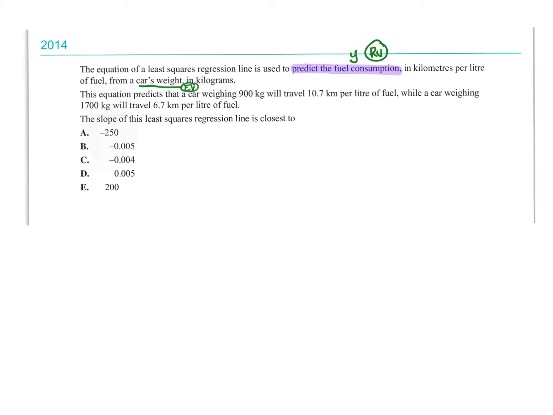The equation predicts that a car weighing 900 will travel 10.7 litres of fuel, while a car, so what it's doing, it's actually giving you two X values. It's saying when your EV is 900, your RV is 10.7. And then it gives you another point. It says when it's 1700, your RV is 6.7.